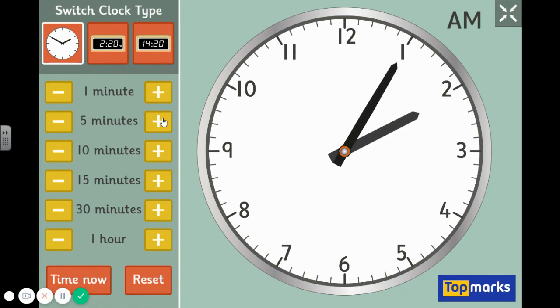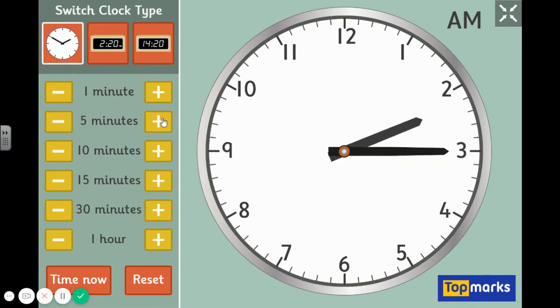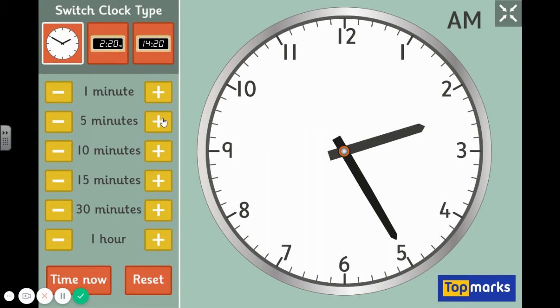Right, so 60 minutes equals 1 hour, but I need to add on another 20. So that's my 1 hour. Now I'm going to add on another 20, counting in 5. So 5, 10, 15, 20. So my time is 25 minutes past 2. So that's one way of doing it.